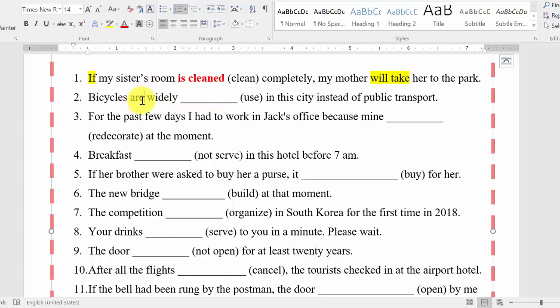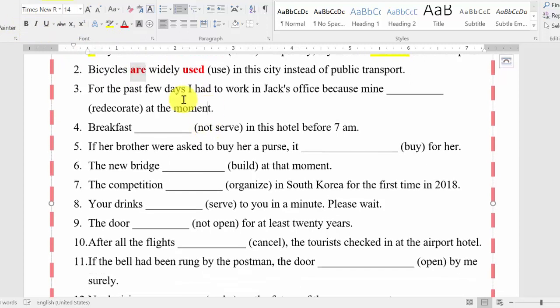So bicycles are widely, MR plus PP. PP is used, USE plus D. Okay, so your answer is are used. Simple present tense.